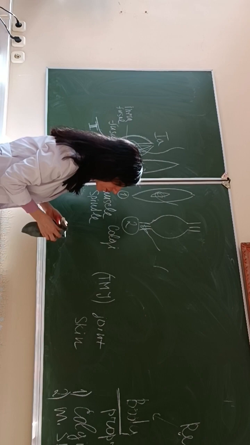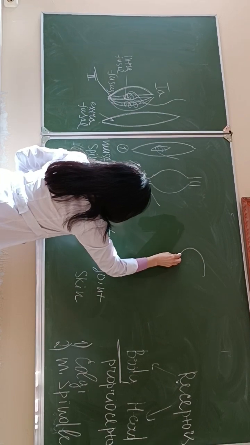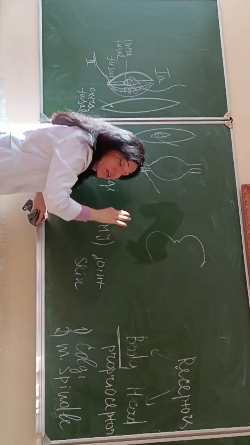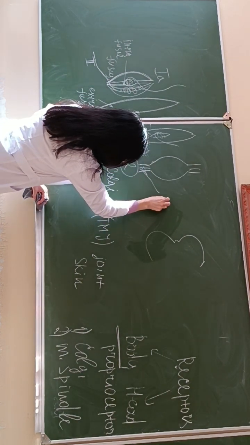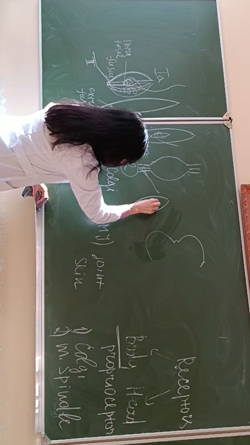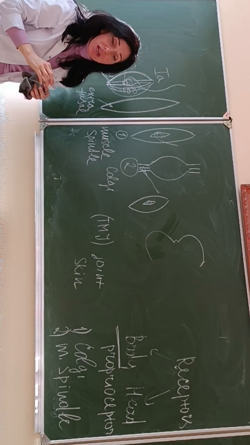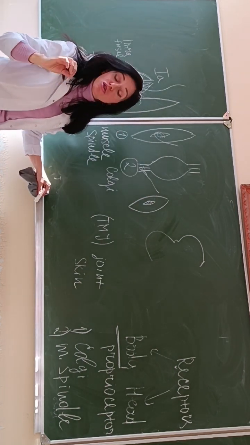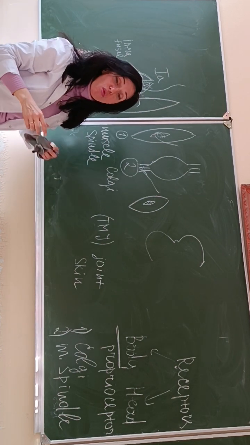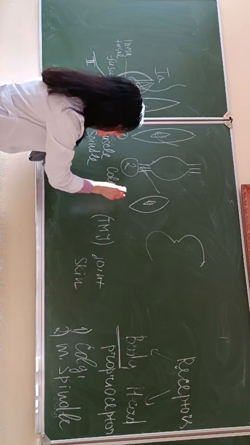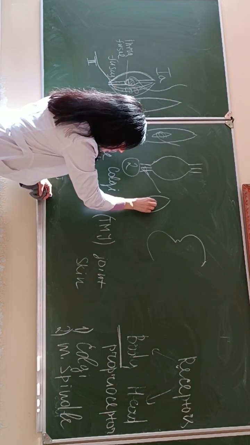Reflex arc. We draw and study reflex only from primary A. In the scheme of the reflex arc, we draw only the working part of the muscle spindle, intrafusal muscle fiber with primary afferent ending, and show spiral form to mark the primary ending.